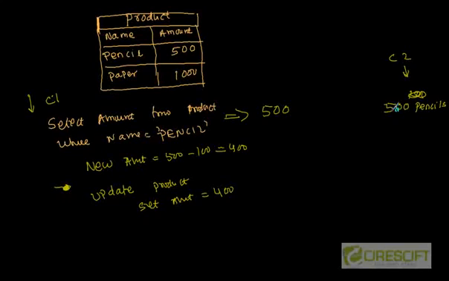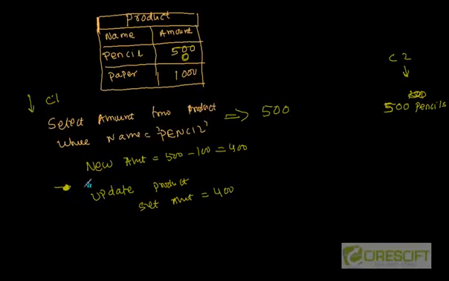He gives all 500 pencils to customer 2 and makes it 0, before agent 1 who is helping customer 1 tries to update.